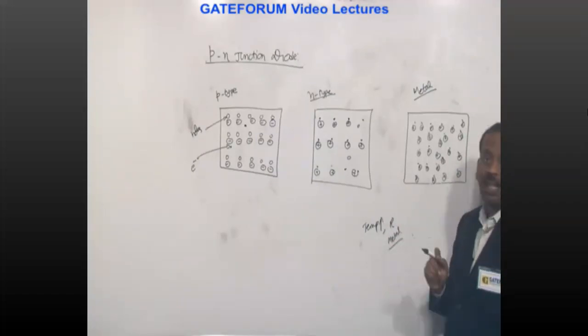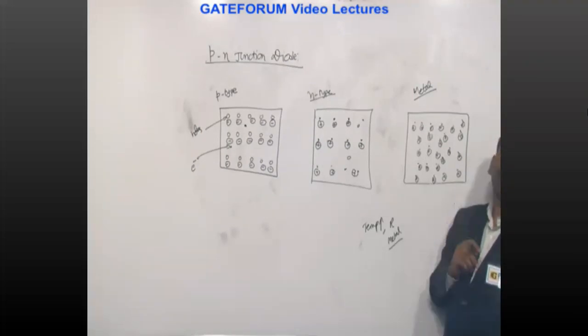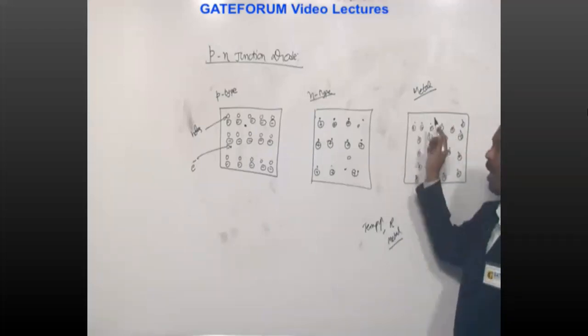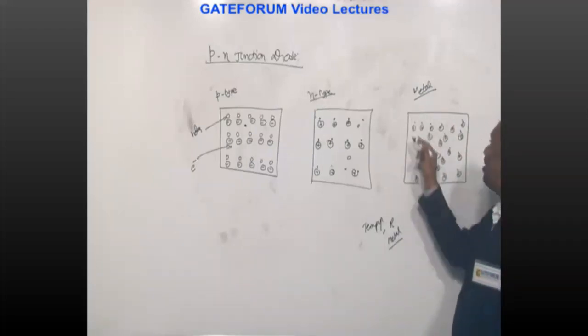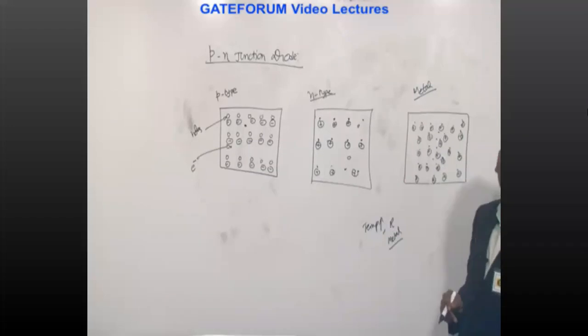As temperature increases in a metal, more electrons will be generated. Thermal excitation takes place, so electrons come out of the valence band. But the area will be the same; it already contains this many electrons, and some more are added.